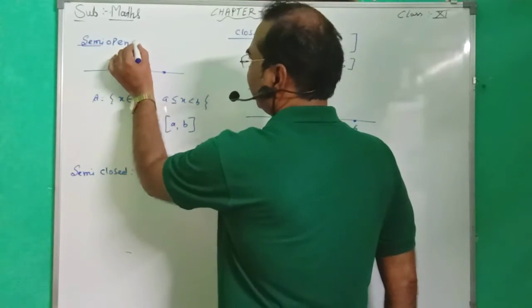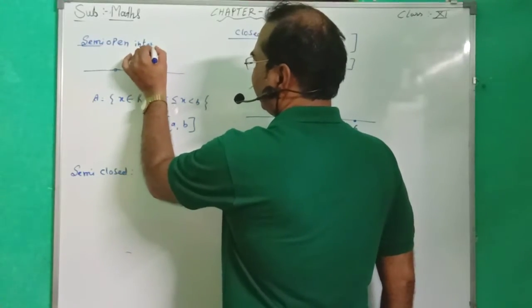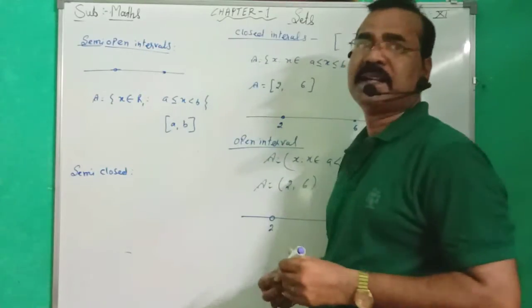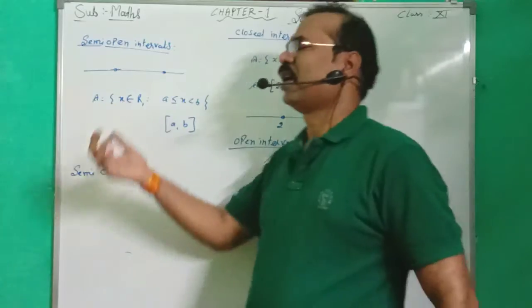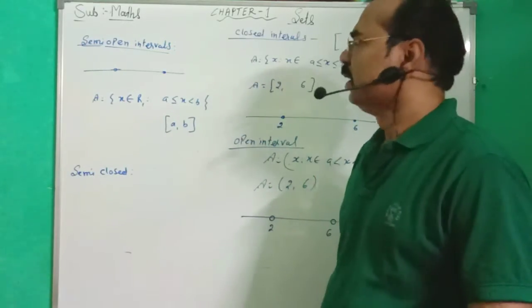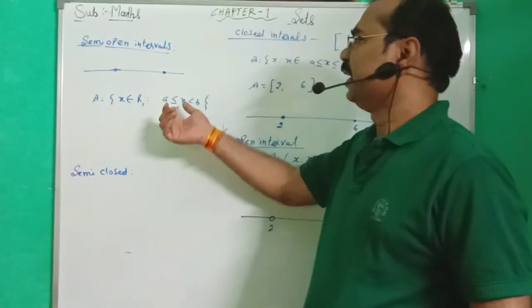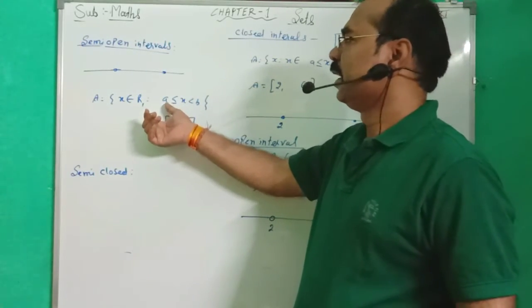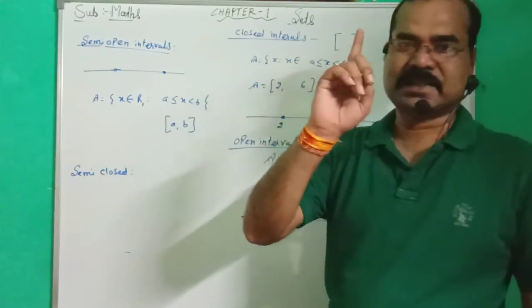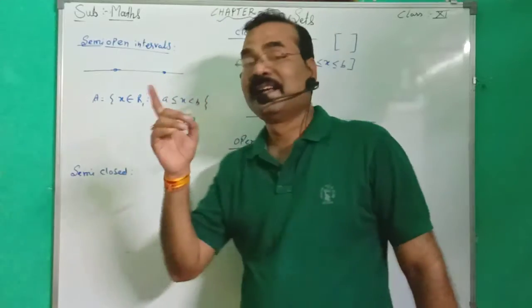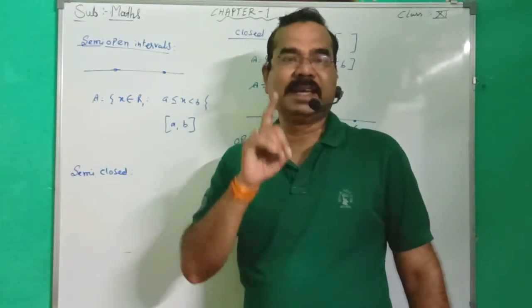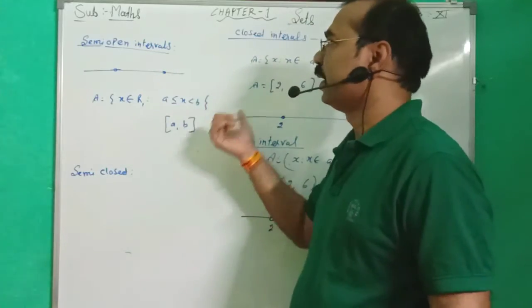Semi-open intervals. It means x such that x belongs to R, where R means any real number, and the value of x is greater than or equal to A and less than B. Students, you should understand that B is not included and A is included, that is called the semi-open interval.